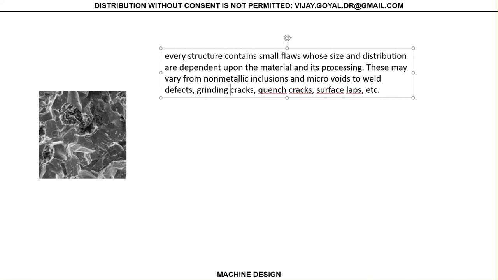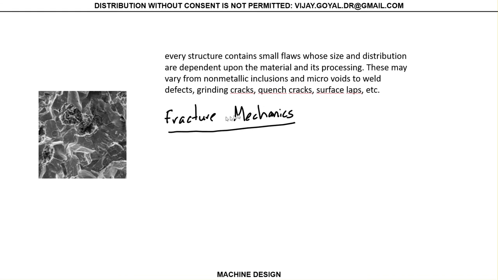It can be as small as microscopic, and it can be due to many reasons. The whole idea to study fracture mechanics is the following. The field of fracture mechanics is responsible for studying cracks and how cracks propagate. It is nothing else than a study of cracks or crack propagation.